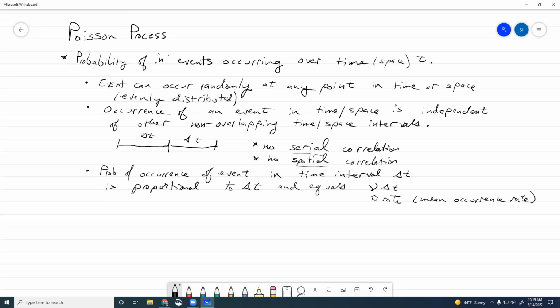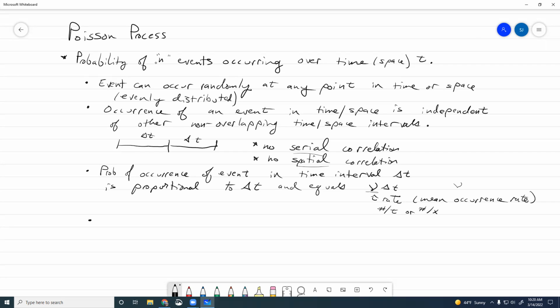So nu is the term that we're going to define as the mean occurrence rate. You can define that as number per time, right? Or number per space. So it's a nu, and then delta t. Yeah, it looks like a V, but it's not.